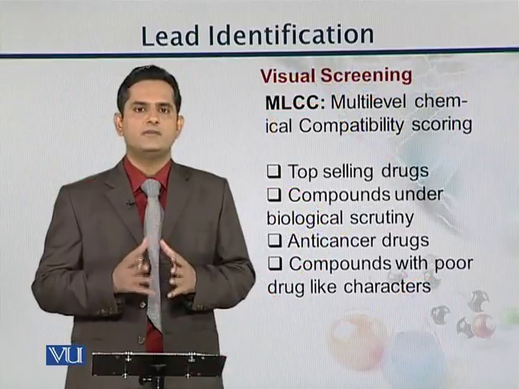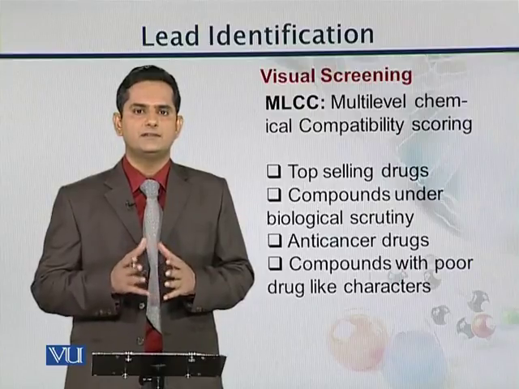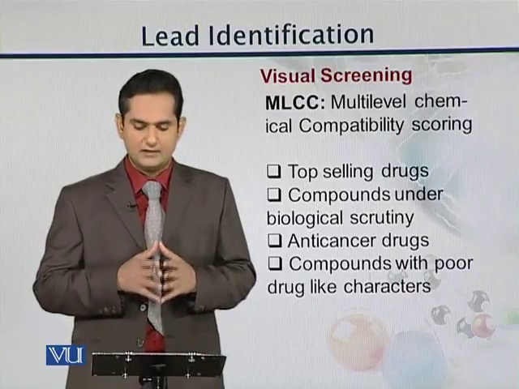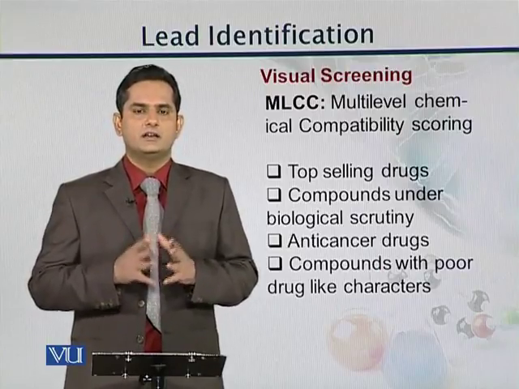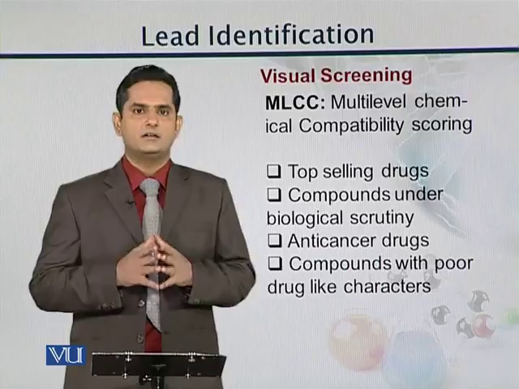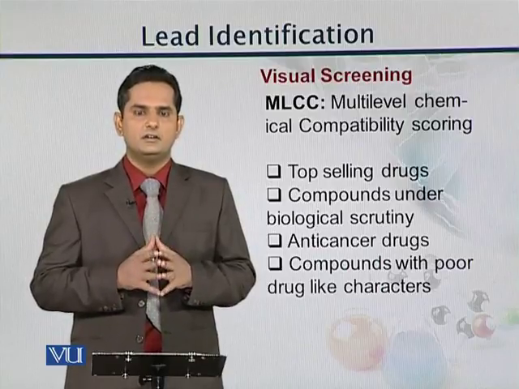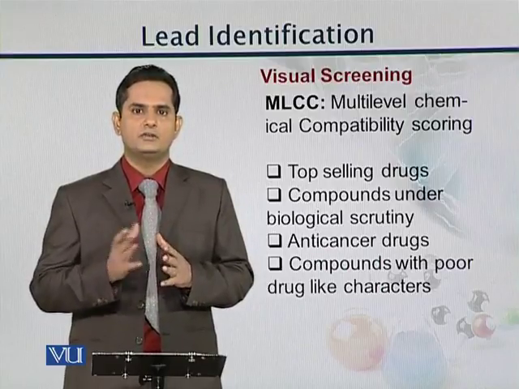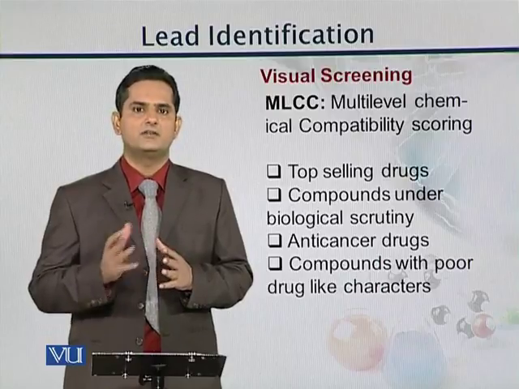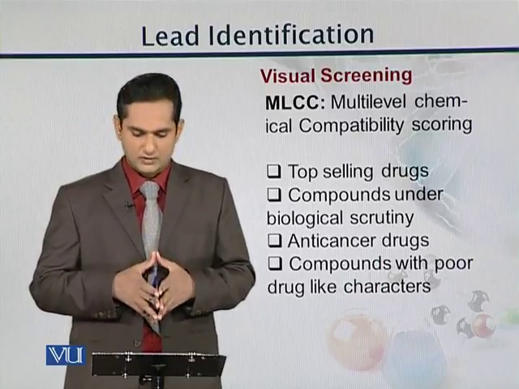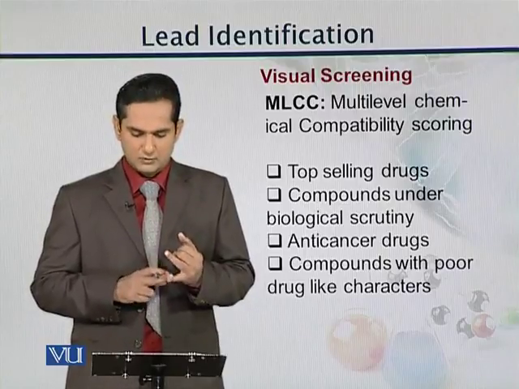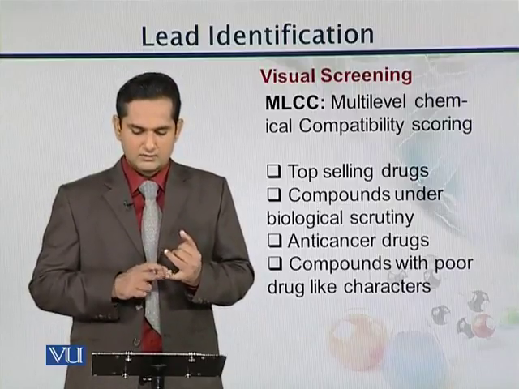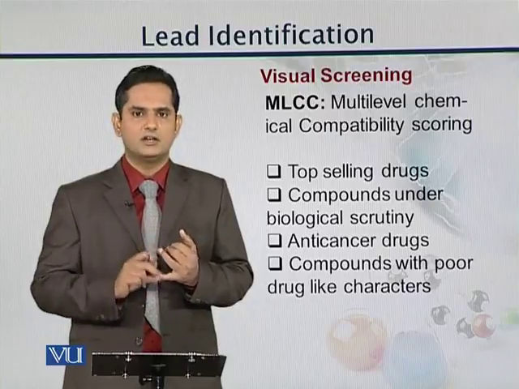In visual screening, we have another concept called MLCC, which is multi-level chemical compatibility scoring. In this test we see that our drug, or our lead in our case, is comparable to 4 different kinds of medicines and drugs. And how does the comparison happen? Number 1, it is compared against top selling drugs. Number 2, it is compared against compounds which are under biological activity.